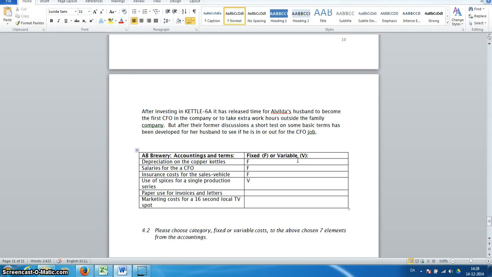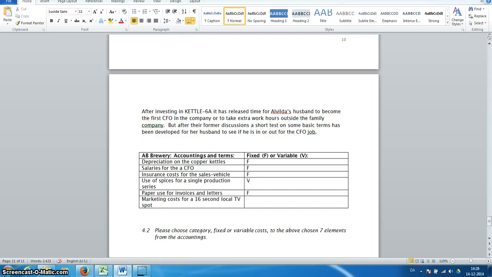The next, paper use for invoices and letters. In this case, I would say fixed cost, because even though we produce a little bit more, it would be very doubtful whether we would use more paper because of that.